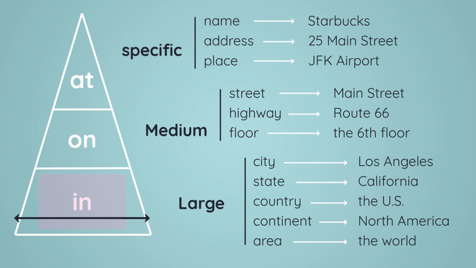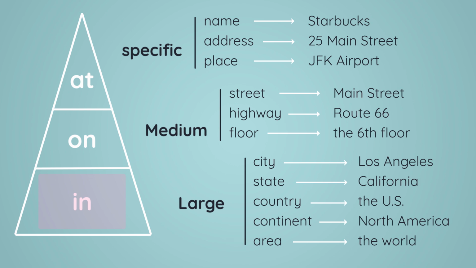Next, we come to in. This is for everything more, okay? So in is used for large areas, such as a city, a state, a country, a continent, or just a large area.